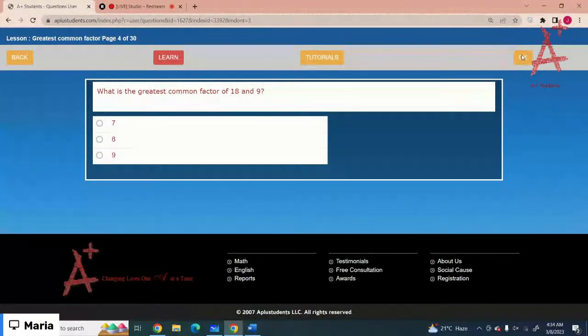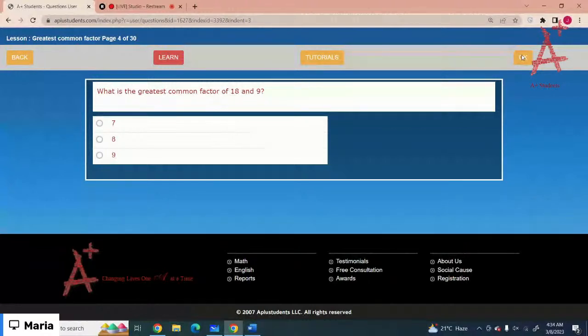Got it? What is the GCF of 18 and 9? You are given three numbers, 7, 8 and 9. See which number divides 18 and 9 both.